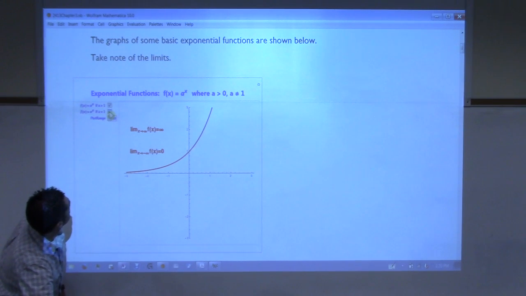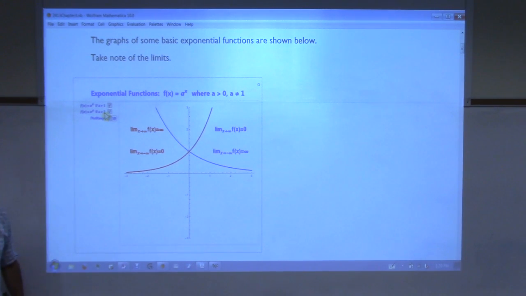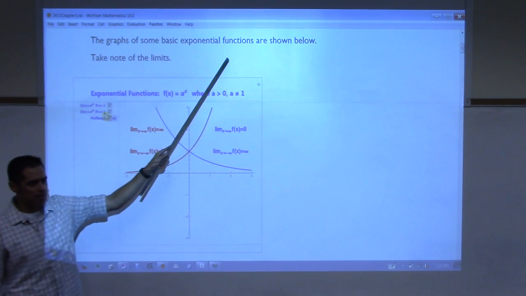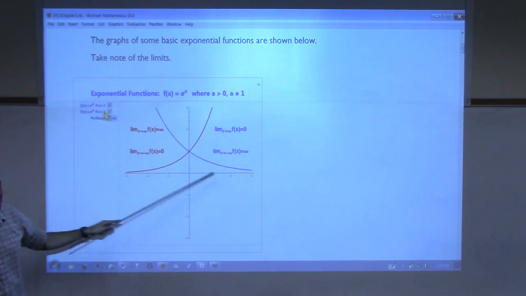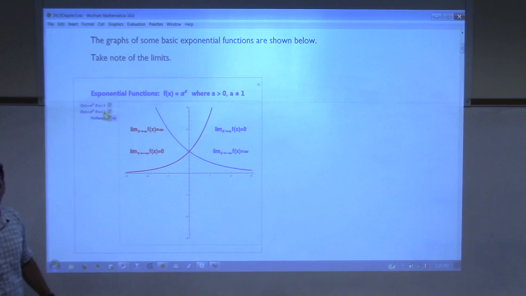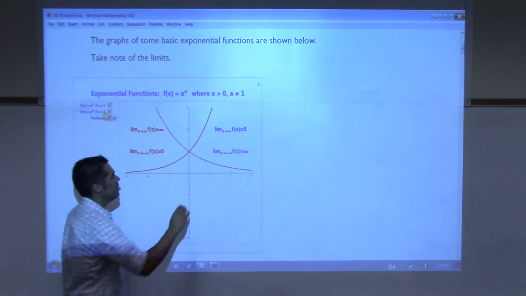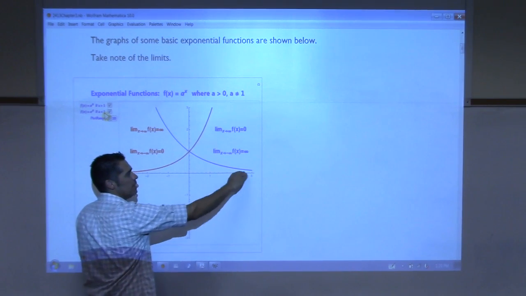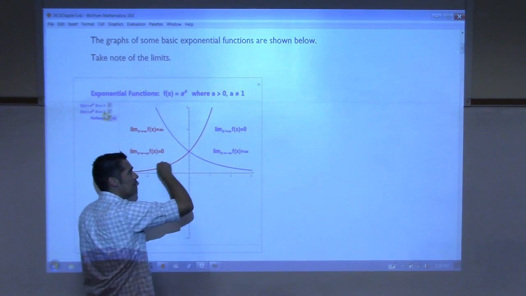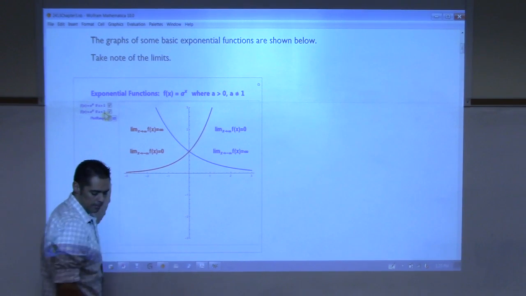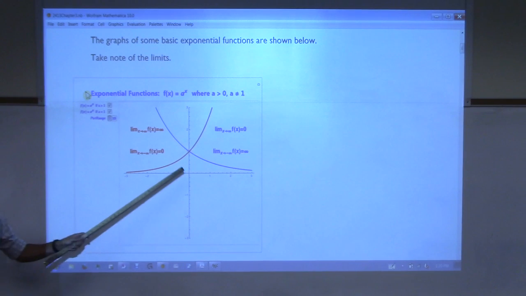It's the opposite. It looks like this. Instead of being what we call exponential growth in college algebra, this is referred to as exponential decay. So if the base number is between 0 and 1, you do this. If it's bigger than 1, it does that. I hope that rings a bell.